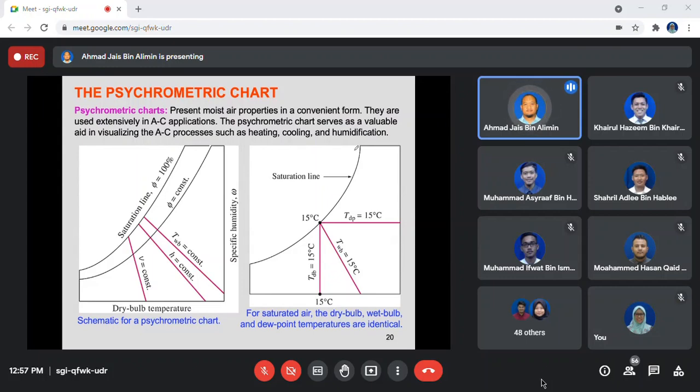Okay. So by controlling the presence of moisture, we can provide comfort to humans or to the subjects that require the air conditioning process.